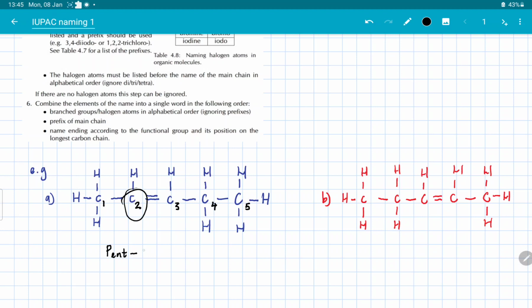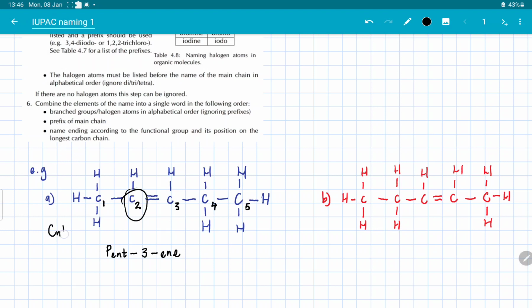Where is the double bond? At carbon 2. This is an alkene. Therefore, what name is it supposed to end up with? E-N-E. Pent-2-ene.